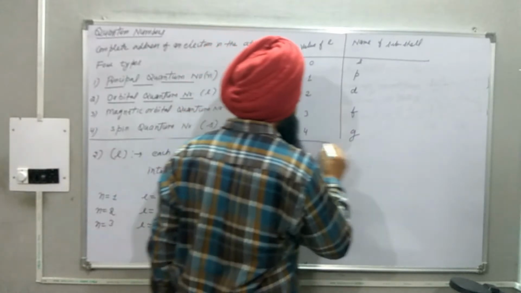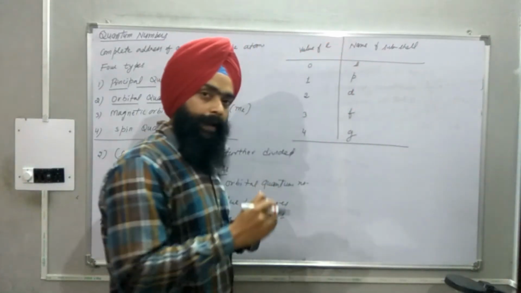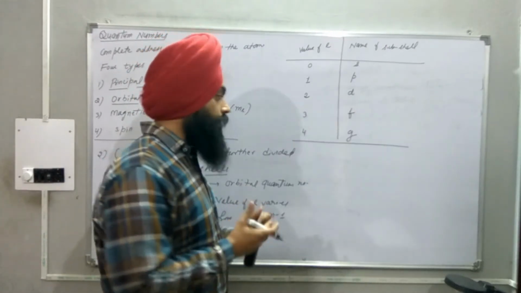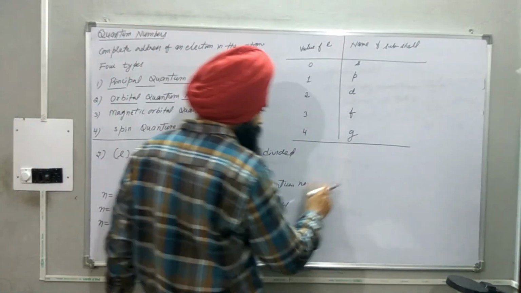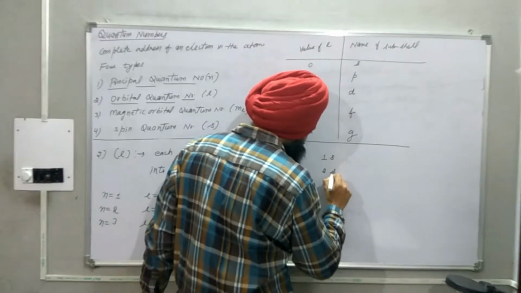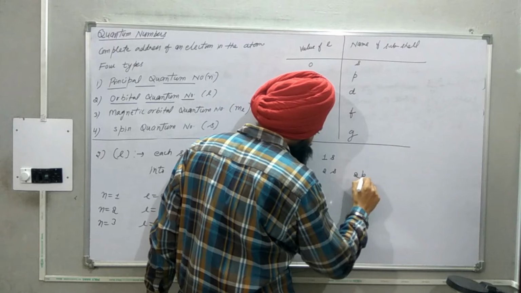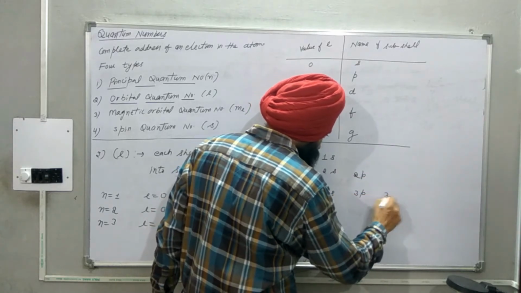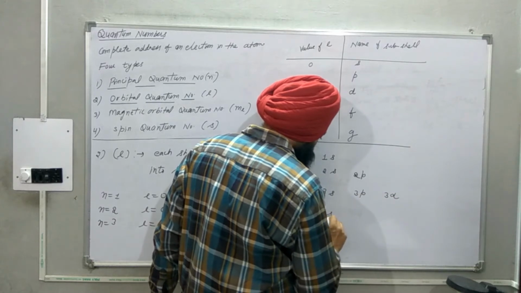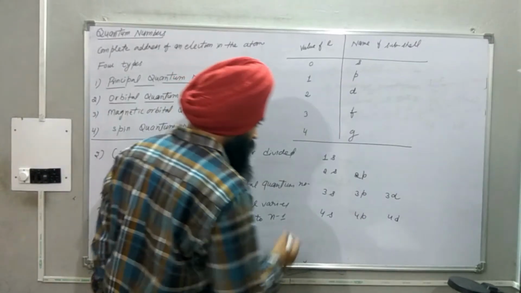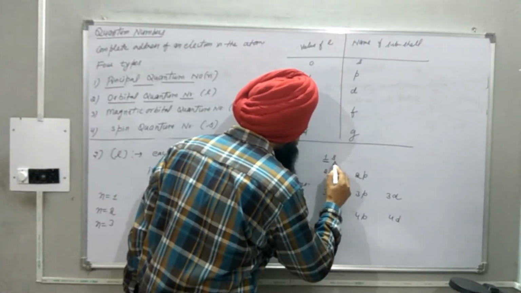So let us combine n and l value. This can give the electronic configuration of an atom. Simply, we have 1s, 2s, 2p, 3s, 3p, 3d, 4s, 4p, 4d. So this is the principal quantum number.